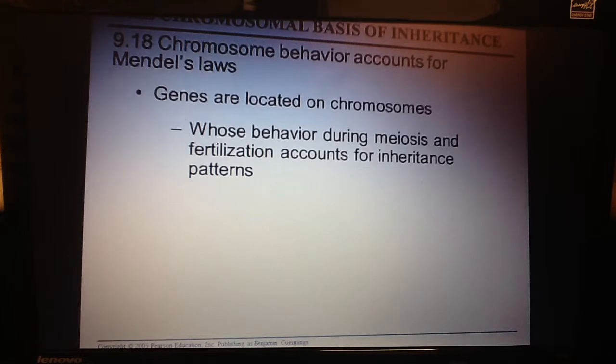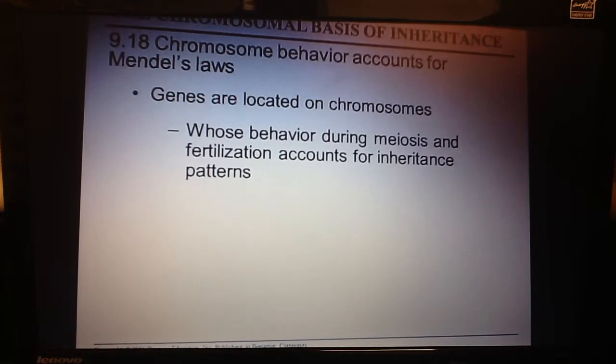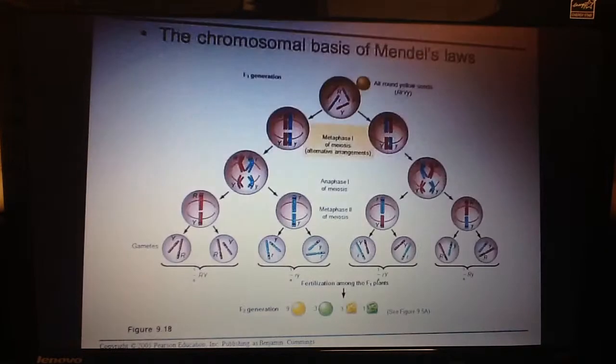Now, how do we account for Mendel's behavior, or the chromosome behavior? All of this connects to meiosis, when the DNA is dividing to produce sperm or egg. So we have to make sure we look at the meiosis process.